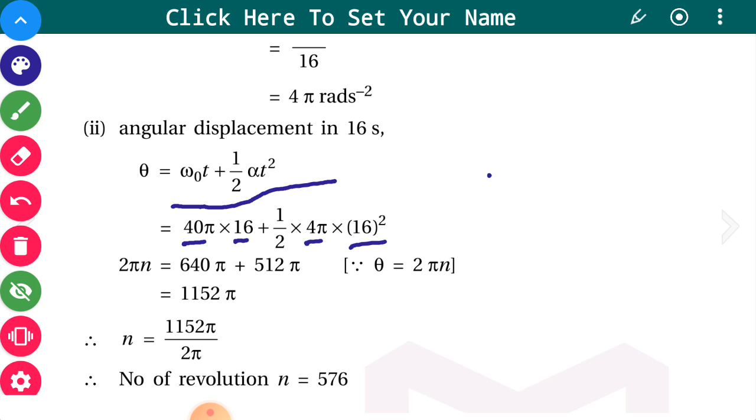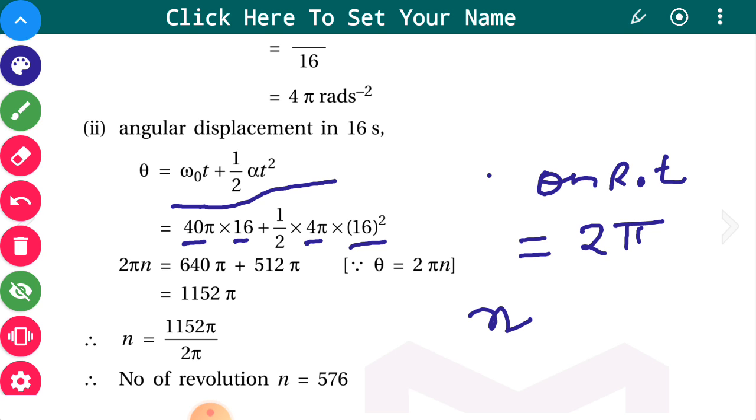Now try to understand: one rotation will give you an angular displacement of 2 pi. So if n is the number of rotations, the total angular displacement will be 2 pi n.